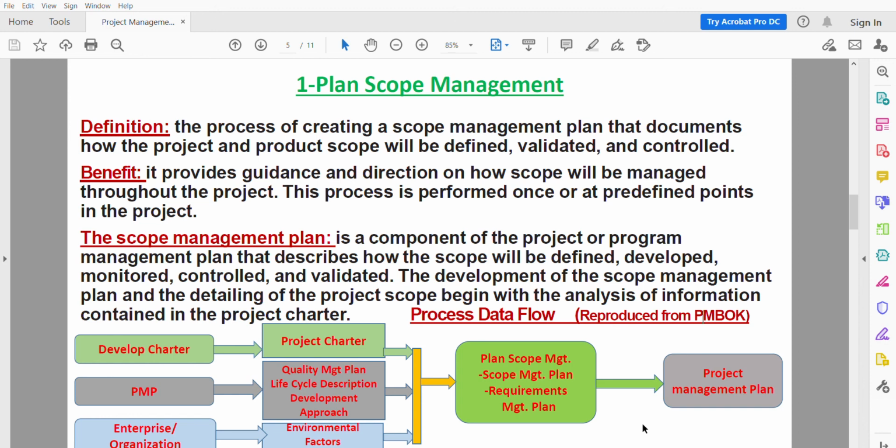So this is the end of this first part of the project scope management plan.